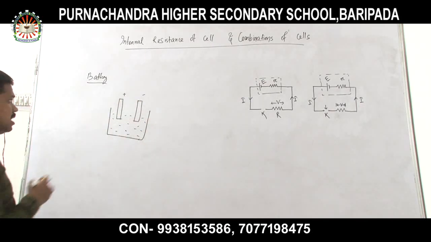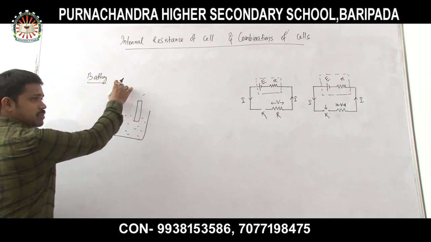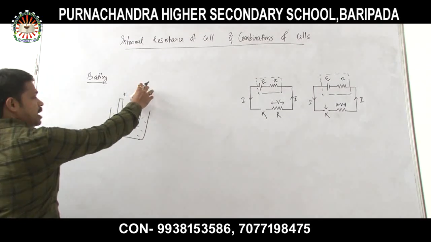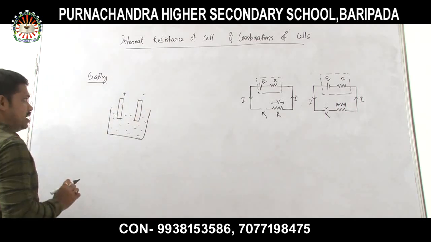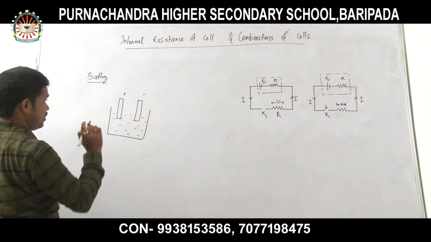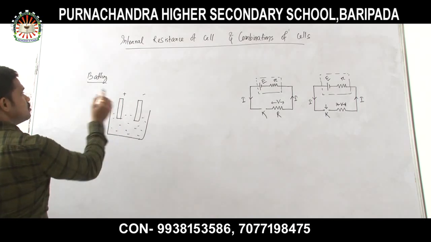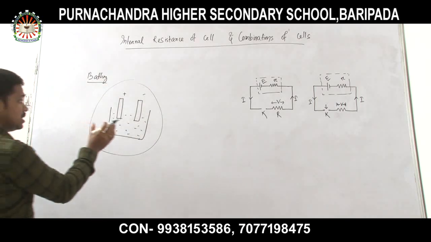So a single cell consists of a pair of electrodes, one positive, another one negative. The positive one is your anode terminal, the negative one is your cathode terminal. Clear? Now this is actually a cell, a single cell.